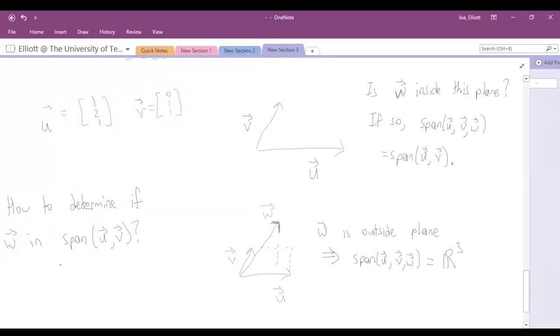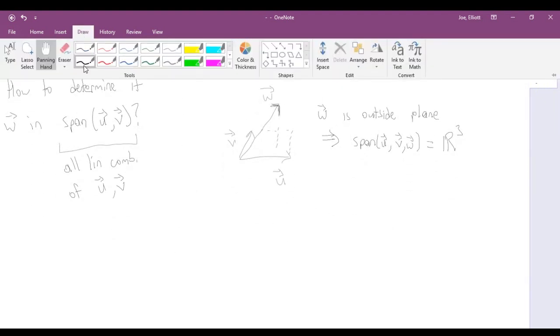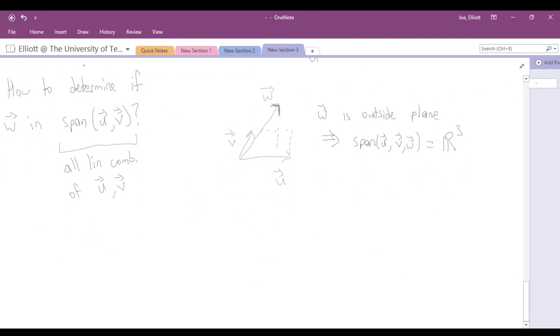So the key is to remember that this was the set of all linear combinations of U and V. So what we want to do is determine whether or not the vector W is a linear combination of U and V. That's what we want to determine, okay?